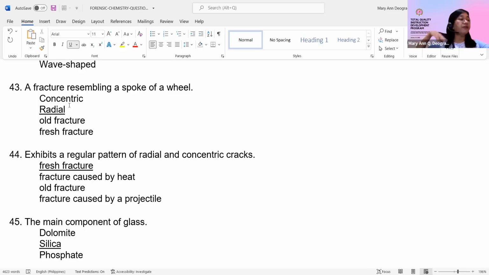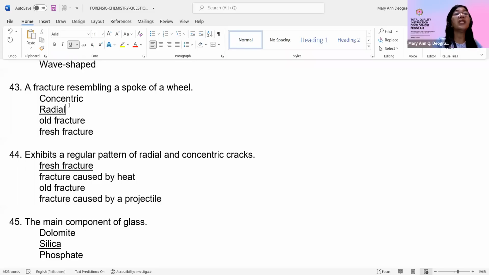So yung point of impact natin, halimbawa, point of impact natin is dito sa side na to, magbe-bend ng ganyan yung papel, tapos dito sa likod, magkakaroon ng mga pahaba na lines. So those are the radial fractures. Okay, tapos pagka, di ba, sabi ko sa inyo noon, halimbawa, ito yung glass natin, tapos nag-bend ng ganyan. Okay, pagka na-reach na niya yung stretching limit niya at bumalik na naman, nag-straighten ng ganyan ulit yan, saka pala magkakaroon ng pabilog na fracture.